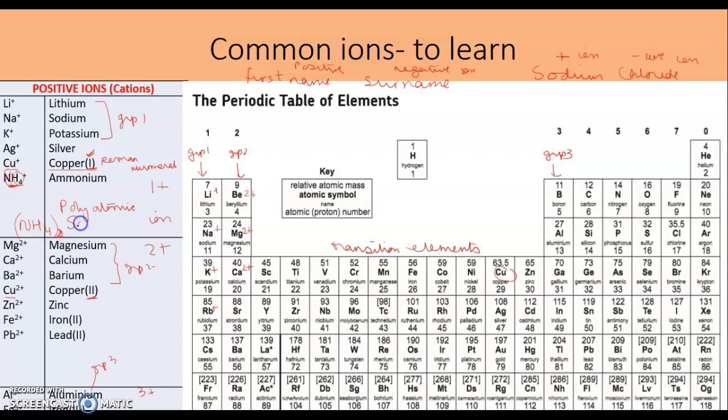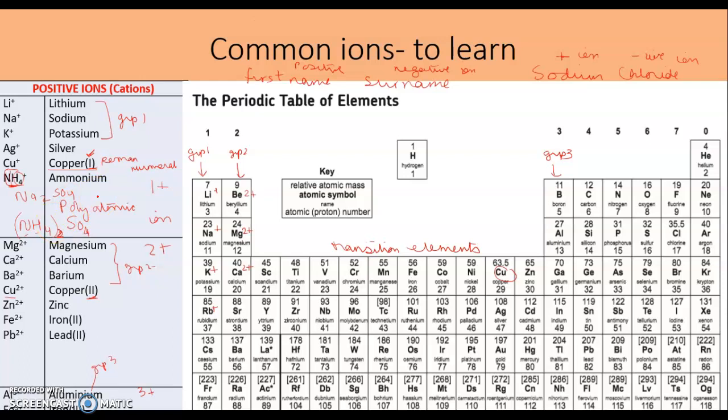So I would write (NH4) whole twice SO4. You wouldn't put a bracket around something which is made up of one element only. So if I had Na2SO4, I wouldn't put a bracket around sodium, because that's only made up of one element. So anything that's made up of more than one element would need to have a bracket around it.